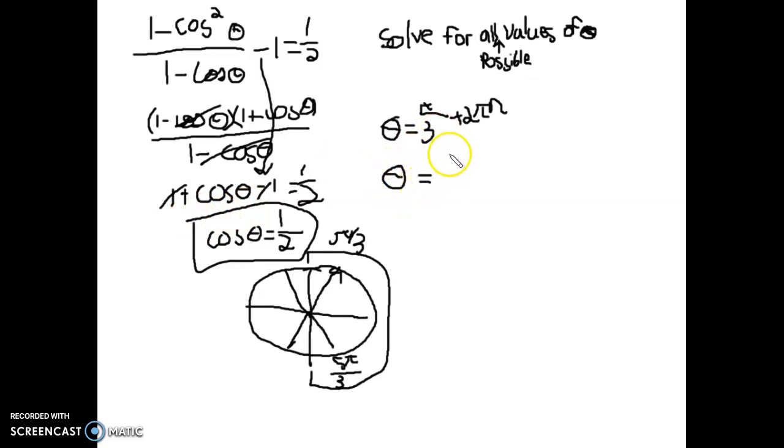And also another equation for theta is going to be 5 pi over 3 plus 2 pi n.